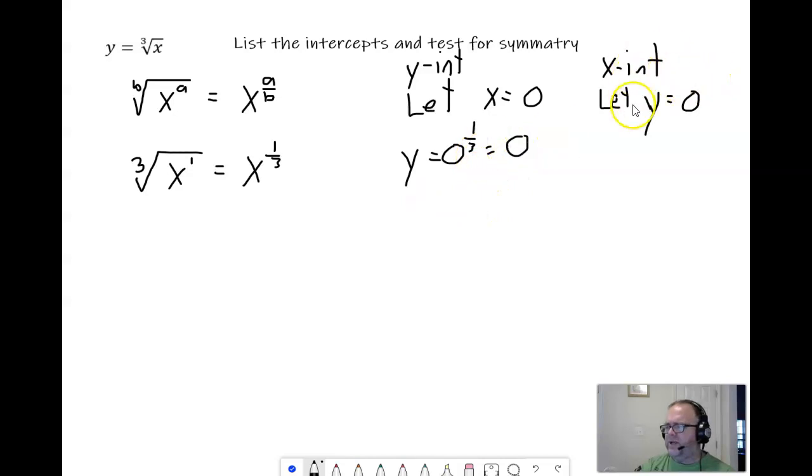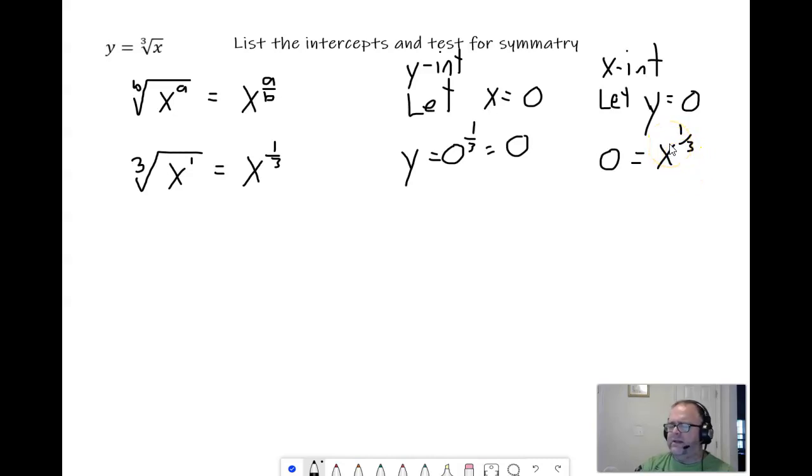So let's do the other one as well. If I let y equal 0, I get 0 is equal to x to the 1/3. What I'm trying to do here is get x by itself, and there's a couple of ways to do this.